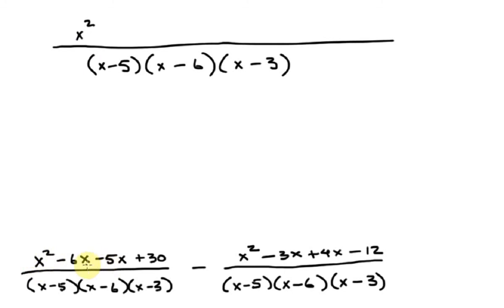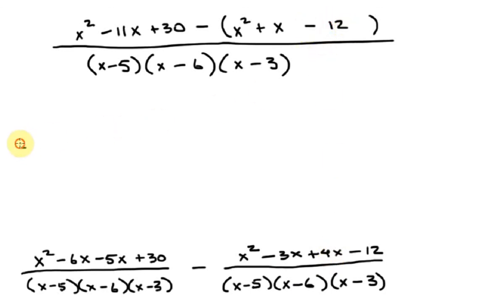So x squared minus 11x, okay, and then I got plus 30. And then I'm going to minus all of the stuff on the top of the second fraction. So there is an x squared. You see how I wrote brackets around that just to make sure that I remember to minus them all. So here I'm combining negative 3 and the 4x, and then I got minus 12.